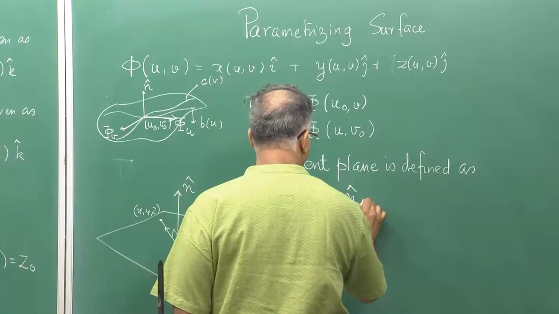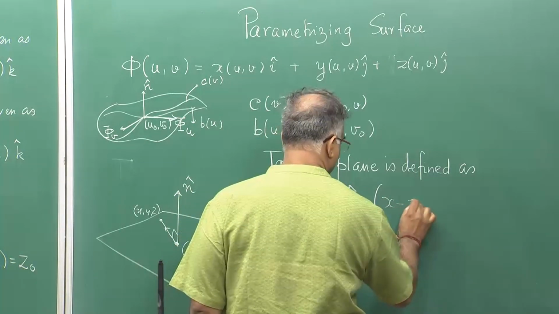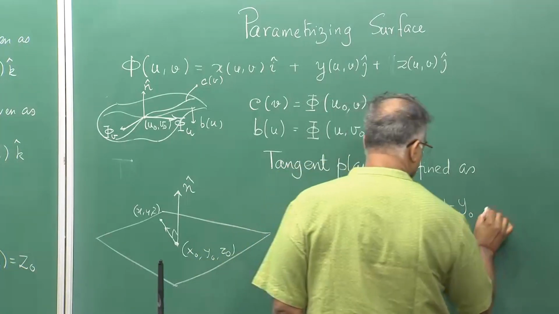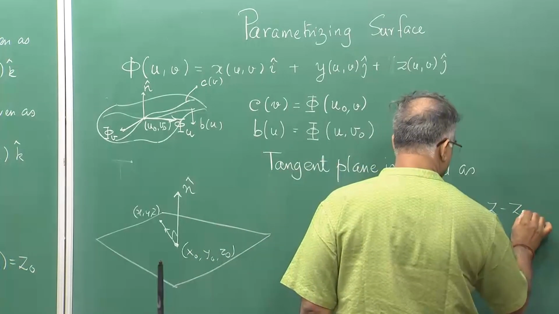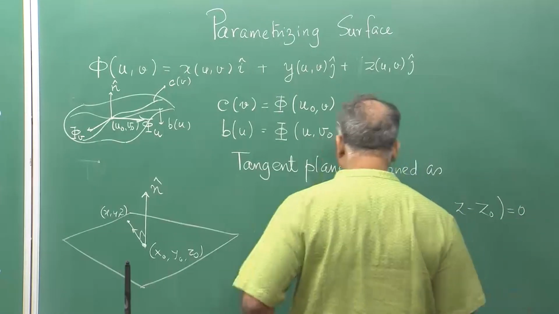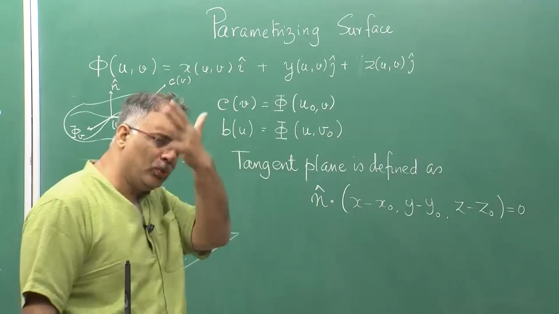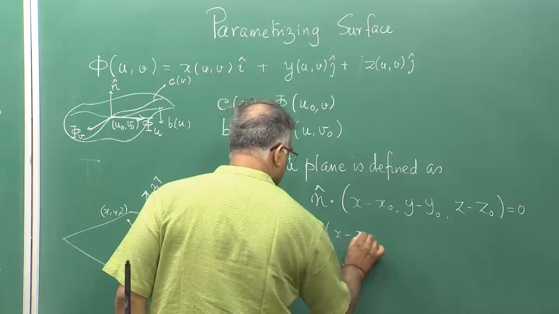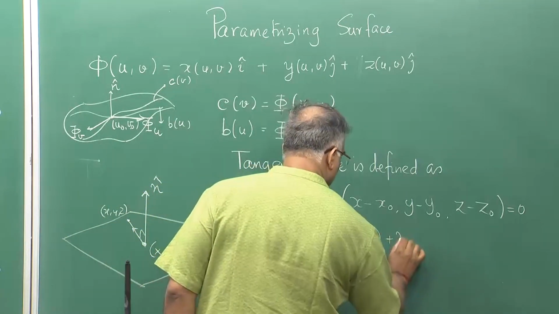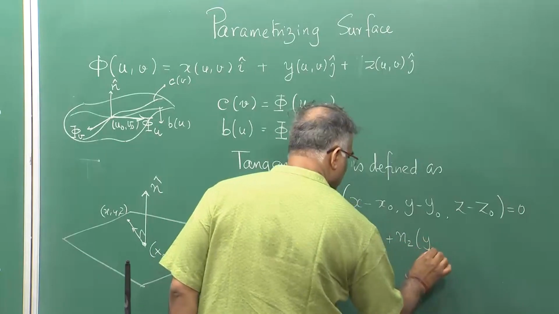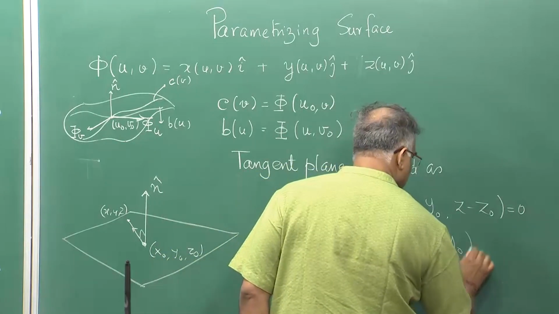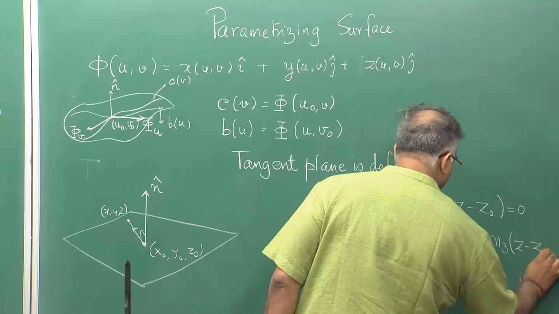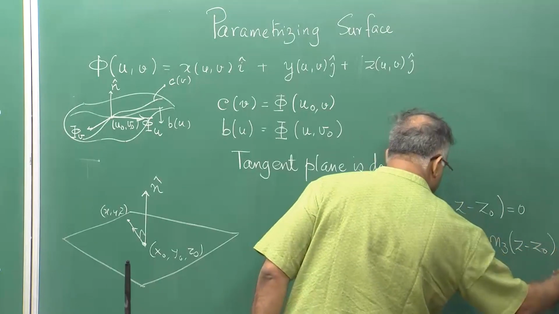n hat dot the vector x minus x naught, y minus y naught, z minus z naught equal to 0. If n1, n2 and n3 are the three components of the normal vector, then n1 into x minus x naught plus n2 into y minus y naught plus n3 into z minus z naught gives me the tangent plane.